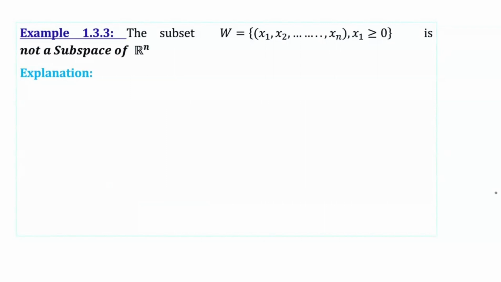Okay, now we come to our next example, in which the first entry is greater than or equal to 0, and we will verify whether it is a subspace or not.